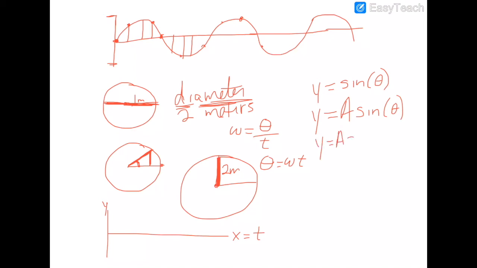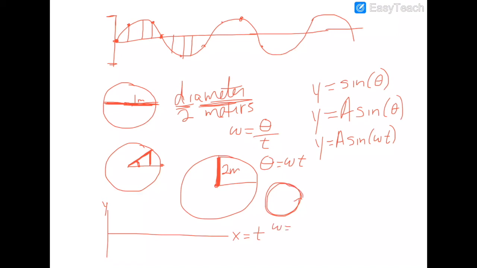So my equation is going to look a little different here. A times the sine of angular velocity times time is how fast it's going around that unit circle. Now let's think about that. Let's say we have this circle and we go around one time. What was the angular velocity?